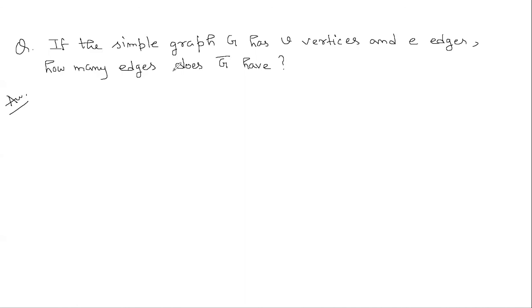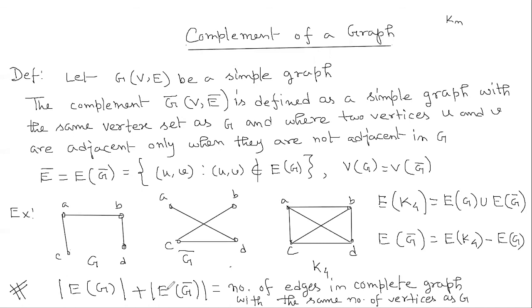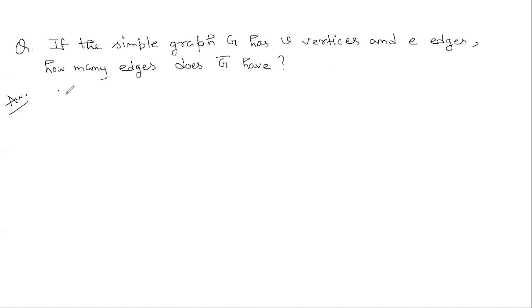Next, let us consider a problem that says if the simple graph G has V vertices and E edges, then how many edges does G bar have? So here we have a point that number of edges in G plus number of edges in G bar is equal to the number of edges in a complete graph with the same number of vertices as in G. So here we'll utilize this fact.